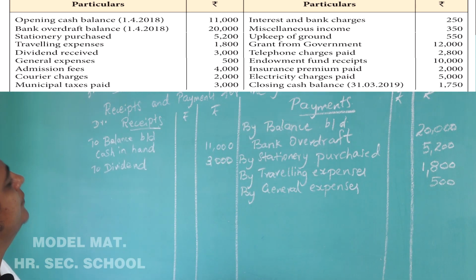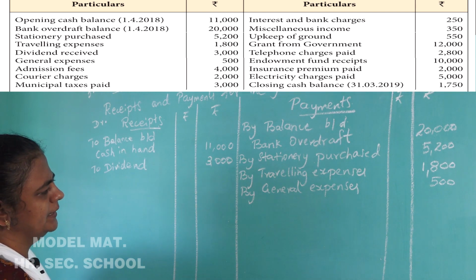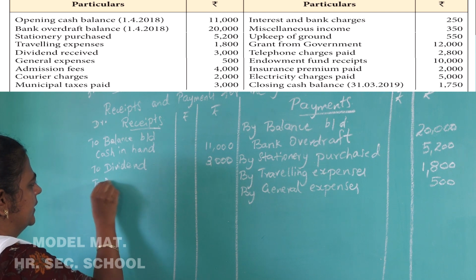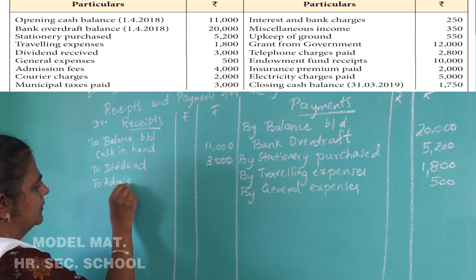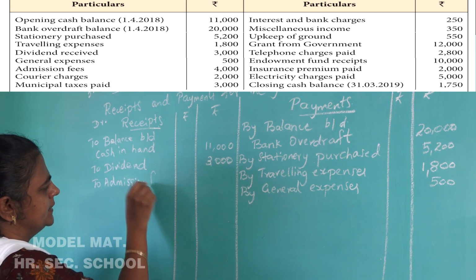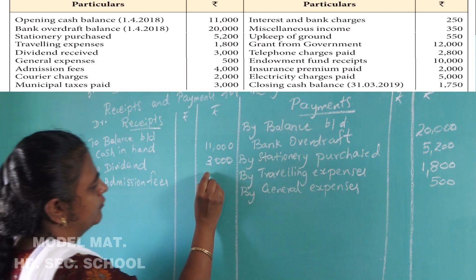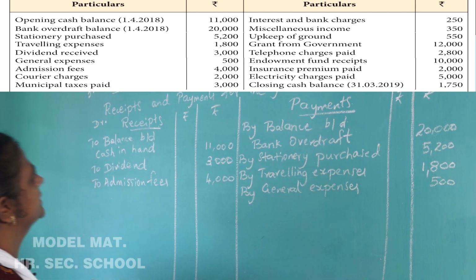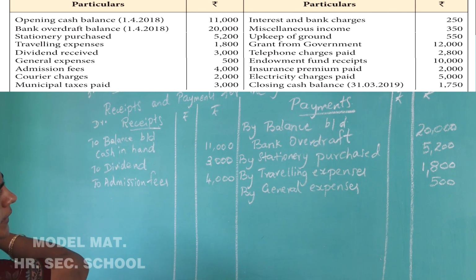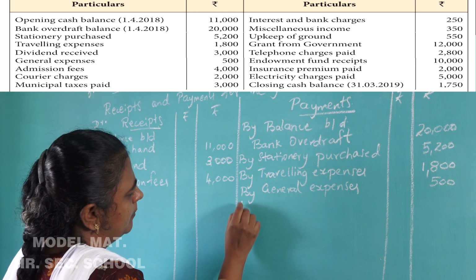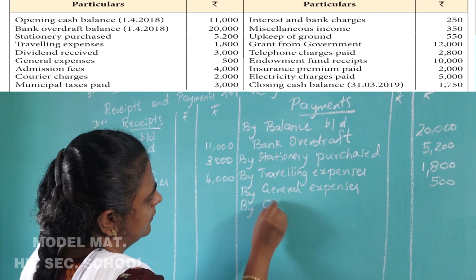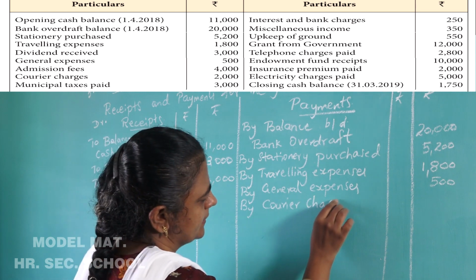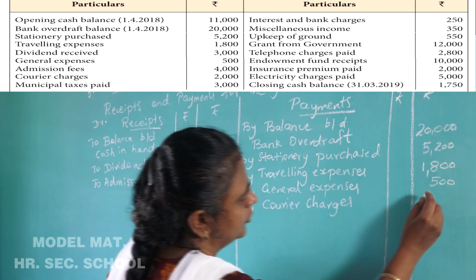Next, admission fees 4,000. Admission fees, it is a receipt. So to admission fees 4,000. Next, courier charges. Courier charges you have to pay for that. By courier charges 2,000.